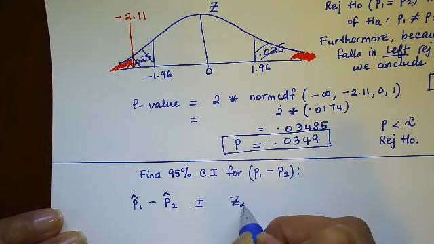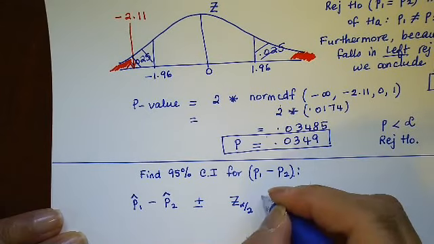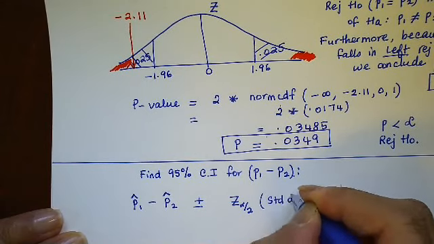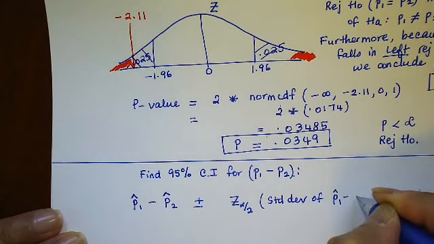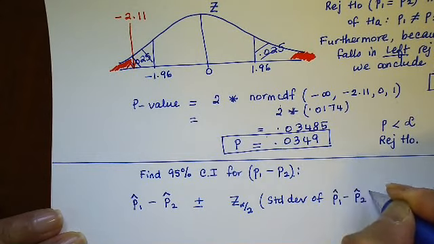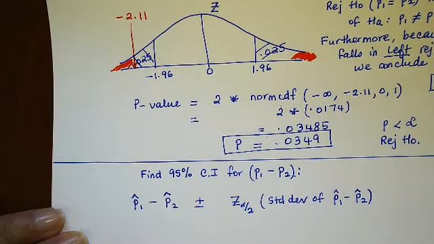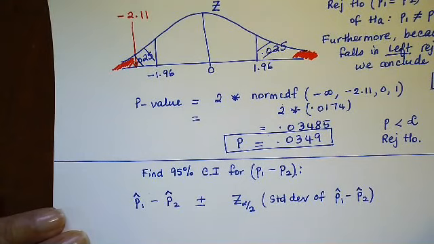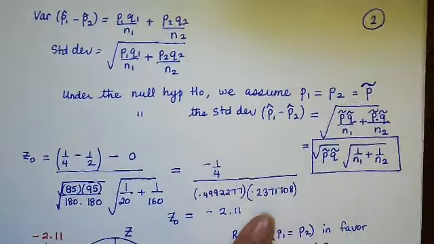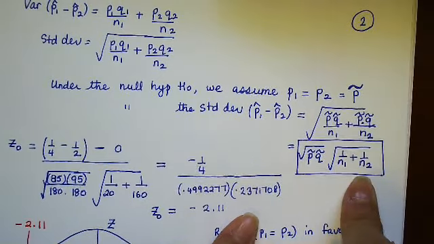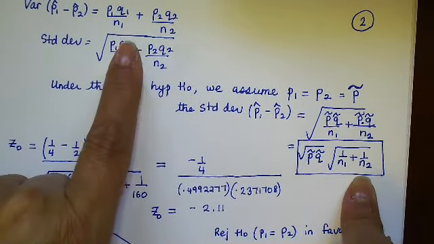Let me explain it to you here. So this would be equal to P1 hat minus P2 hat plus or minus Z alpha over 2 times the standard deviation of P1 hat minus P2 hat.